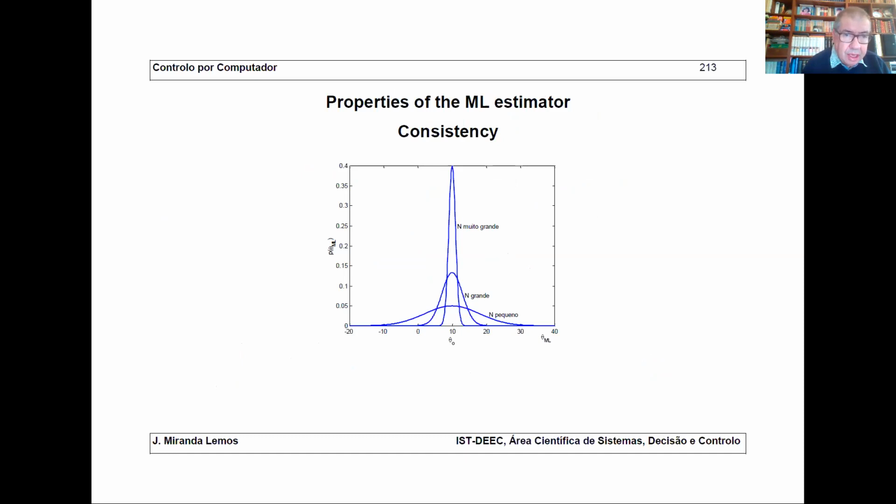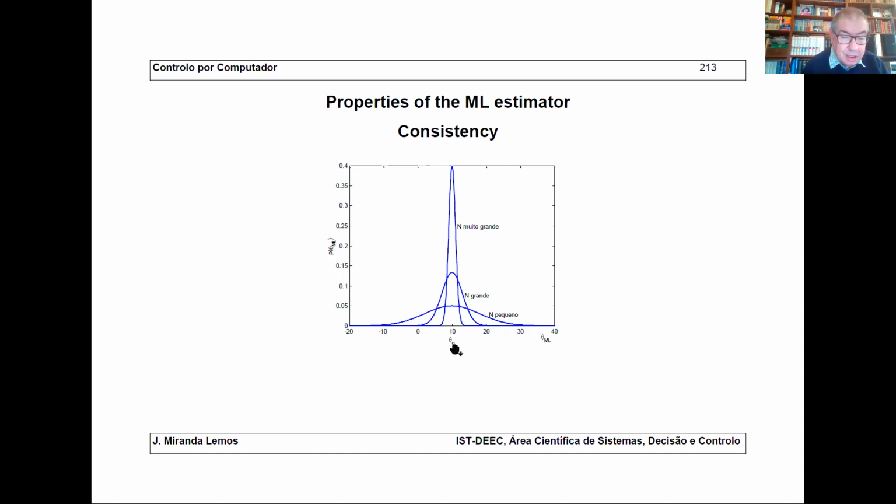Now, maximum likelihood has a number of properties. I will mention two. One is consistency. That is to say, when you increase the number n of observations, you are squeezing the probability density function whose maximum is your estimate. The mean, the average, the mathematical expectation, better to say, of this density function is the true value of the parameter.